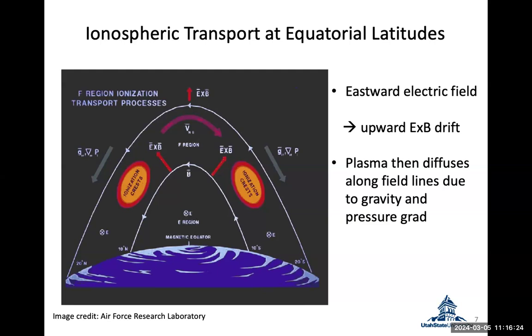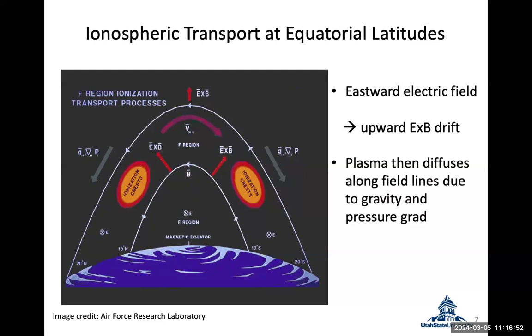So as a result of an eastward electric field, the ionization moves upward, E cross B drifts upward, but then additional forces, gravity and pressure gradient forces, also act on the ionization. And as a result of this, the ionization drifts up, E cross B up, and then flows along the magnetic field to either side of the magnetic equator.